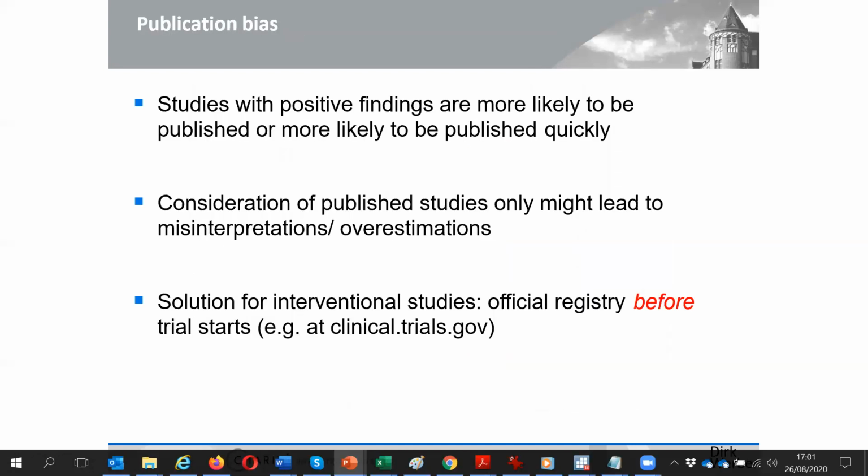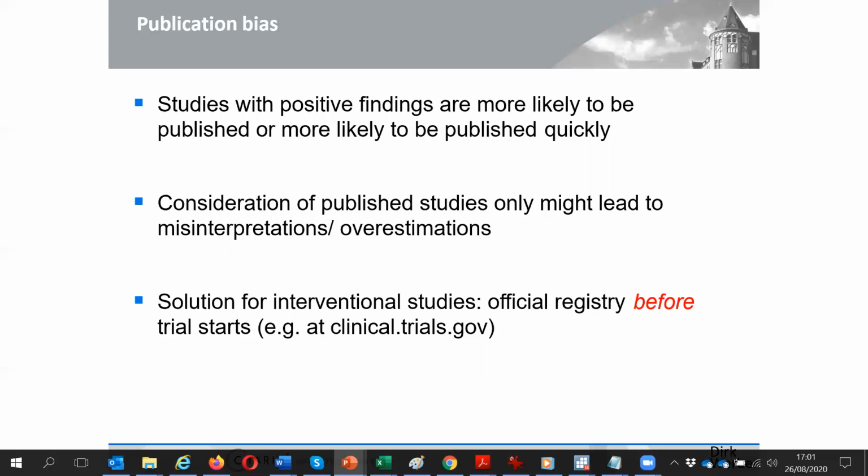Then there's the concept of publication bias, and usually when you're doing a meta-analysis or a systematic review, you need to assess for publication bias. Some studies are published, while others are not published.